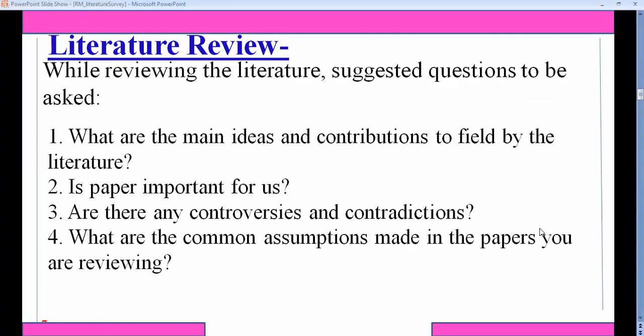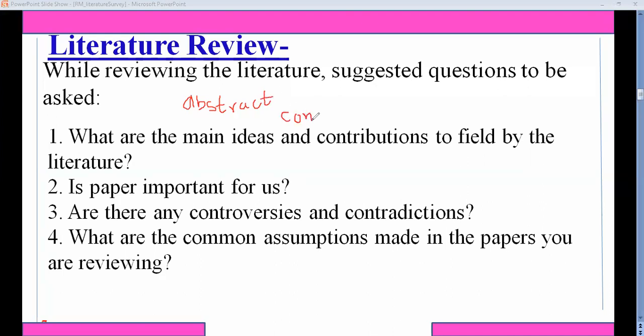Now, when we do the literature survey, we need to ask ourselves some questions, so that we get important data from it. The first question: as I suggested, you start reading the paper with the abstract and conclusion.